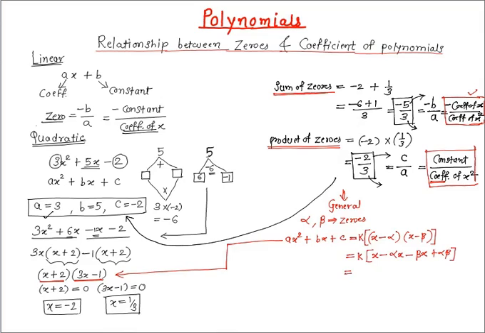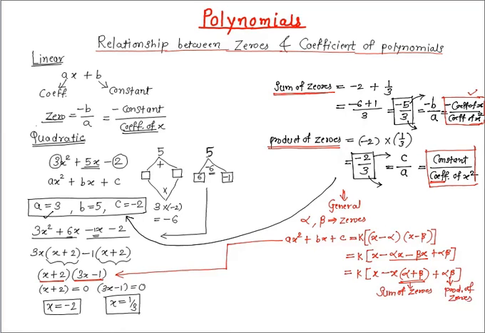If we take x common here, we get x square minus x times alpha plus beta plus alpha beta. If you observe this last expression, alpha plus beta is the sum of zeros. This last term alpha beta is the product of zeros.